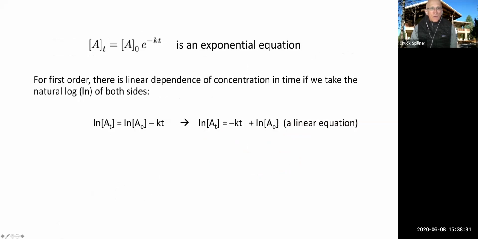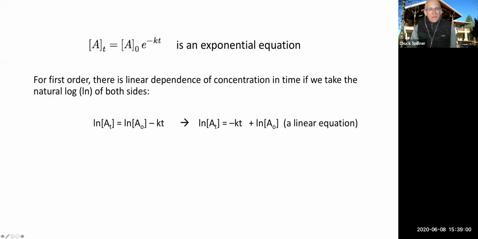For a first order equation, there's a linear dependence of concentration on time. If we take the natural log of both sides of this equation, we end up with ln A at any particular time equals ln A initially minus kt.